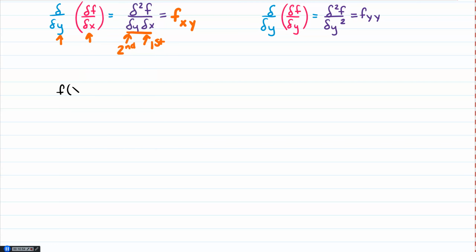Let's say we've got f of xy, and that's going to be 3x squared y plus 6x cubed y to the fourth. Okay, so if I wanted the partial derivative of this with respect to x, I'm going to treat y as a number.